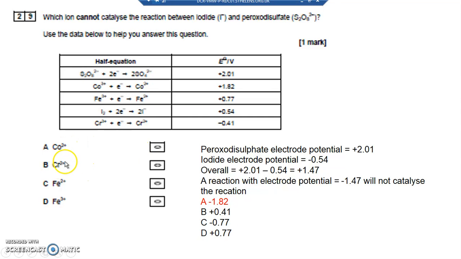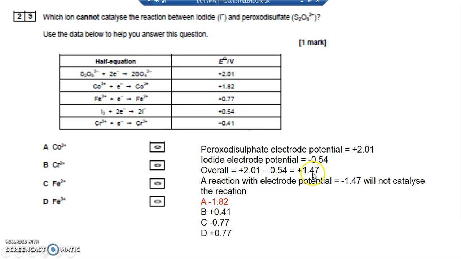Let me just check Cr2 plus. Cr2 plus is here. Cr2 plus is a minus value, but going in the other direction, if it's a reactant, it's going to be plus 0.41. 1.47 plus 0.41 is 1.88, so that would go ahead. It's a positive value. Fe2 plus is here, so going in the other direction, being a reactant and forming Fe3 plus, it would be minus 0.77.